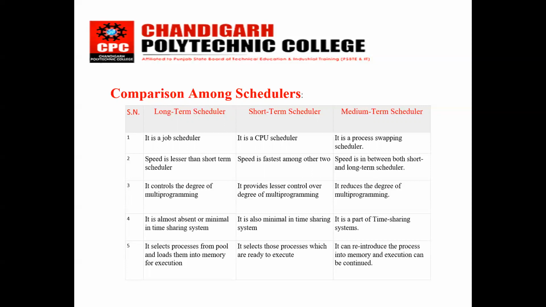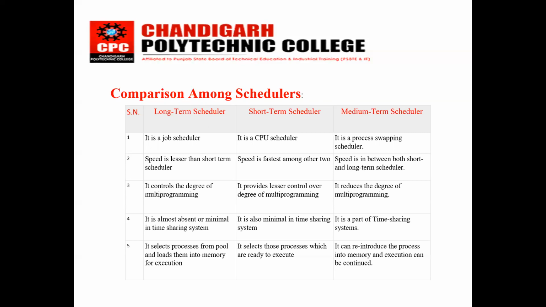Next, in the long-term scheduler it is almost absent or minimal in a time-sharing system, and in the short-term scheduler it is also minimal in the time-sharing system, and the medium-term scheduler is a part of time-sharing systems. And the last point is, the long-term scheduler selects processes from the pool and loads them into memory for execution, and the short-term scheduler selects those processes which are ready to execute.